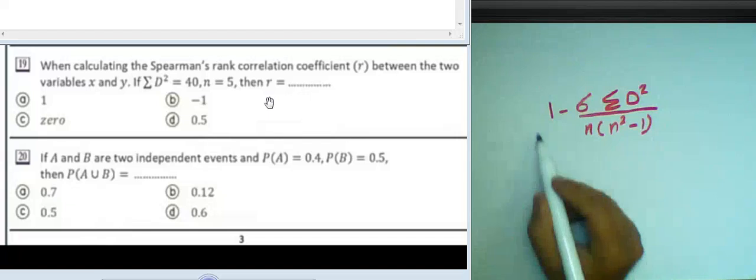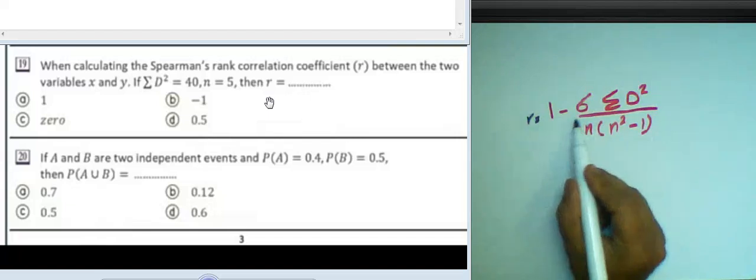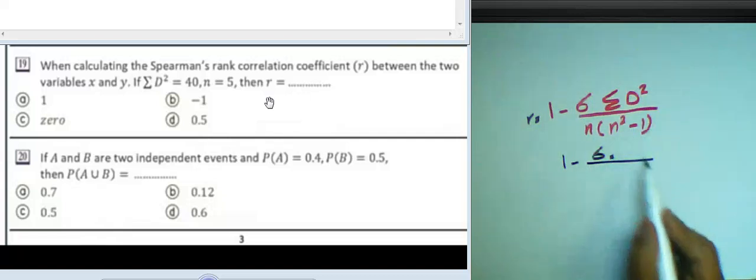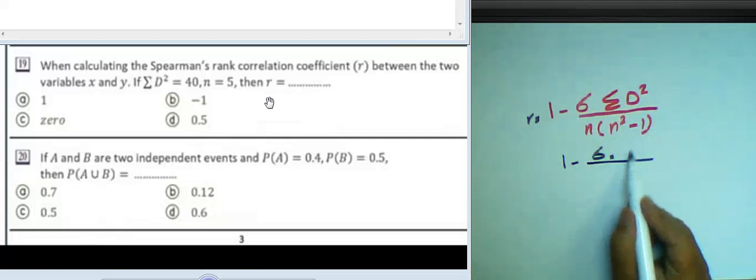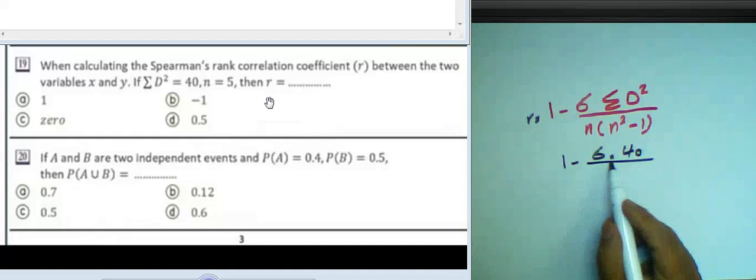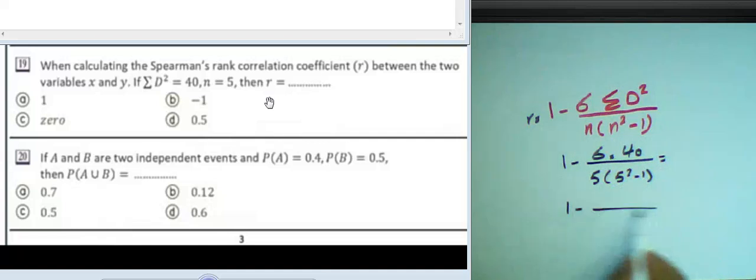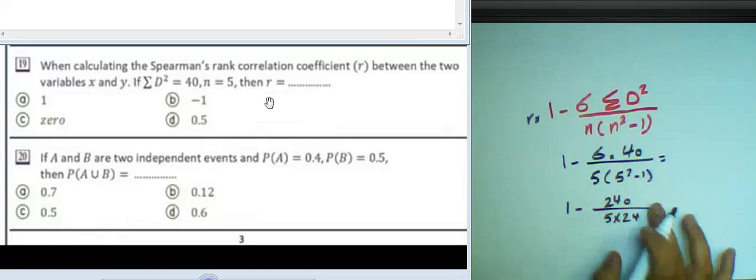R equals 1 minus 6 multiplied by the summation of d square, which is 40, over n, which is 5, multiplied by 5 power 2 minus 1. 4 times 6 equals 24, and 5 multiplied by 5 power 2, 25, minus 1 is 24. 1 minus the result here.